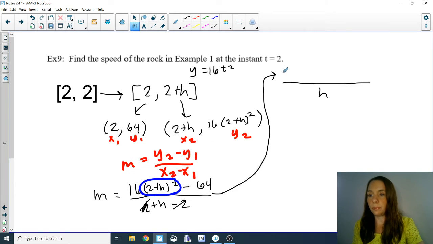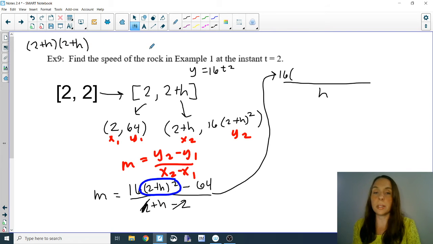So I'm going to bring my 16 in here. And hey, keep in mind, 2 plus h squared is not 4 plus h squared. You can't distribute a power through a binomial. It's like, I don't know, 25% of all math memes are made out of that mistake.